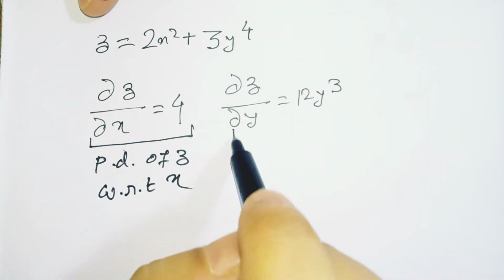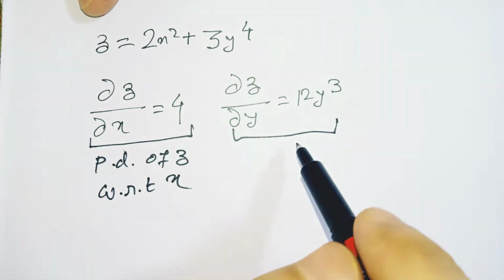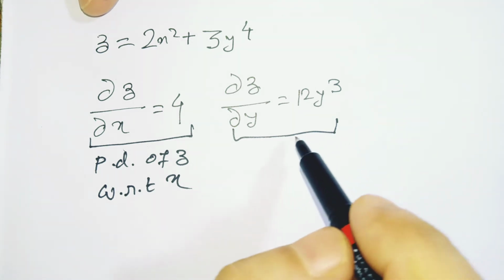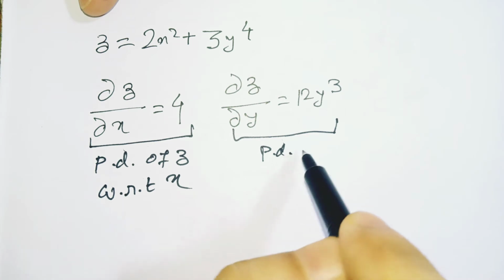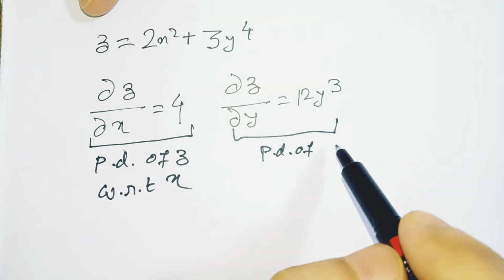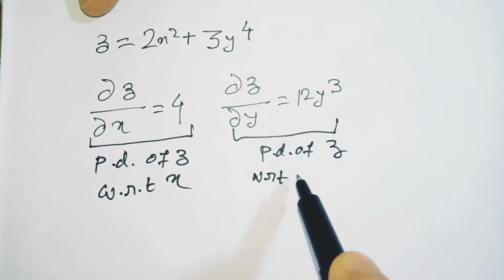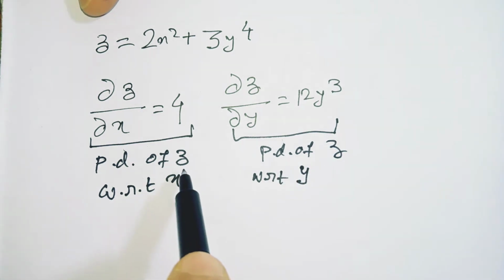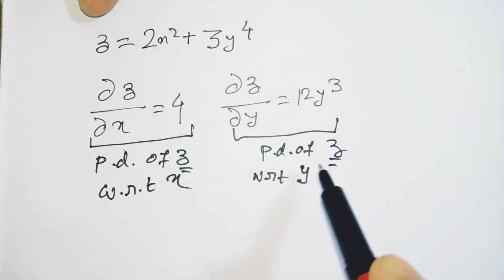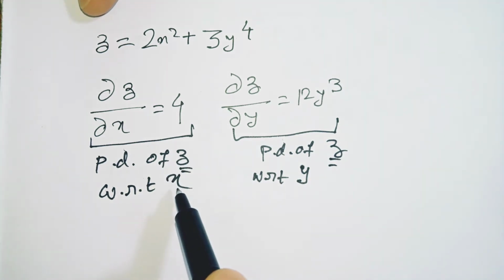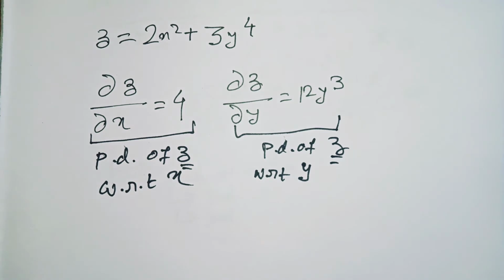And in this part, I have taken the partial derivative of z with respect to y. So in both of these cases, the partial derivative is taken of z. That means we are taking one in x, and another in y.